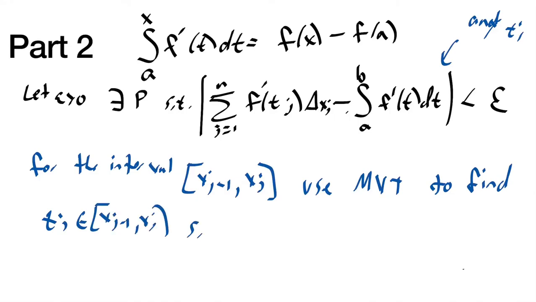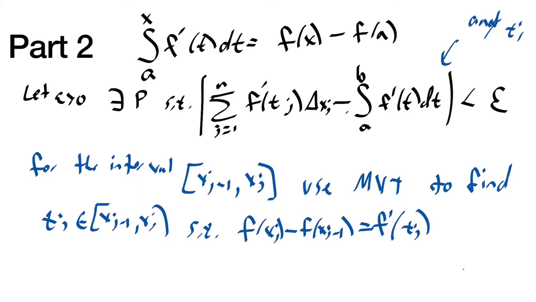So we'll use the mean value theorem to find tj within the interval such that f of xj minus f of xj minus 1 equals f prime of tj times xj minus xj minus 1, and this is exactly our delta xj term right here.